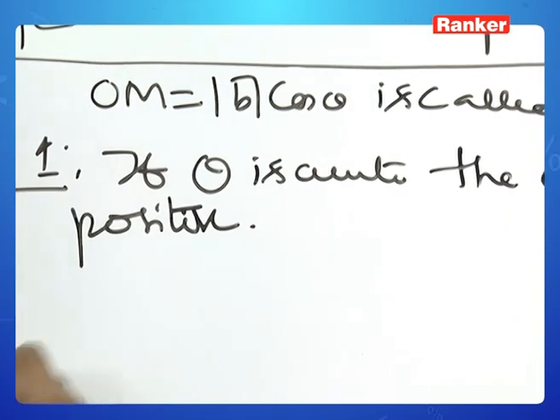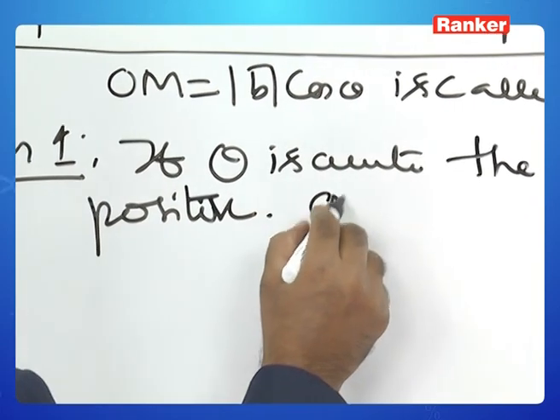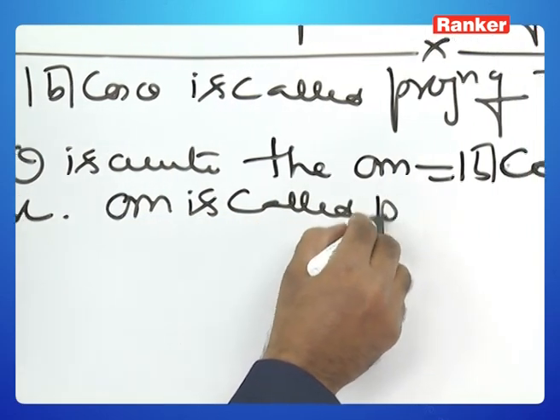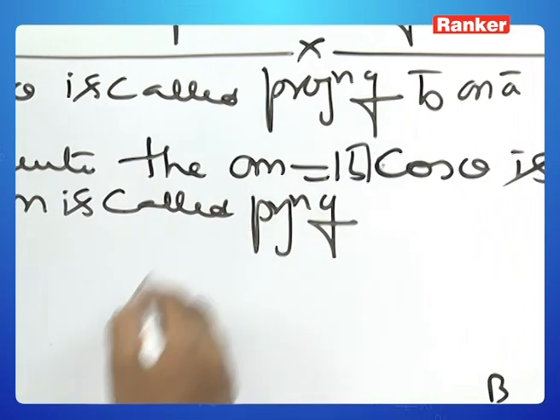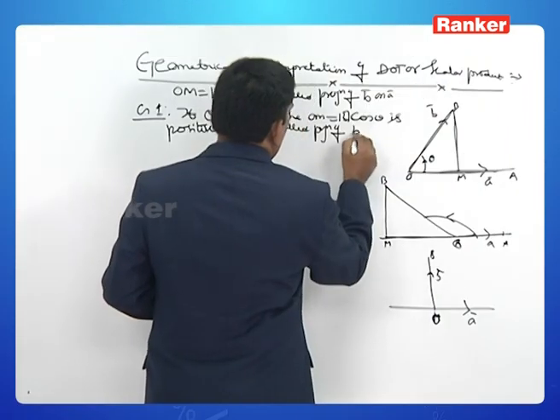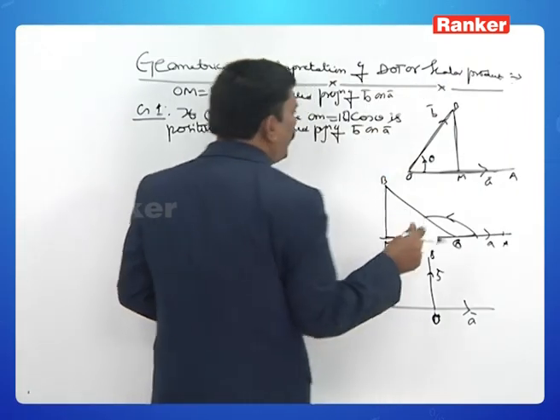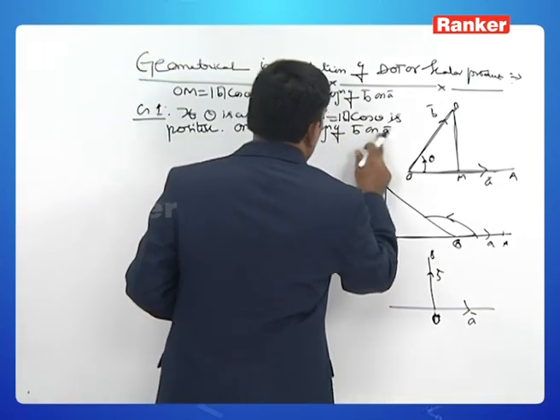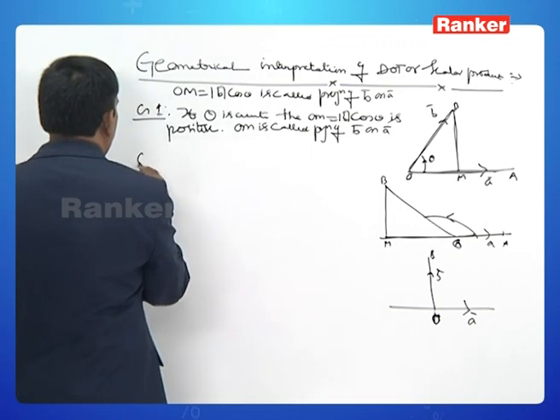So therefore, OM is called projection of B bar on A bar, or component of B bar along A bar.